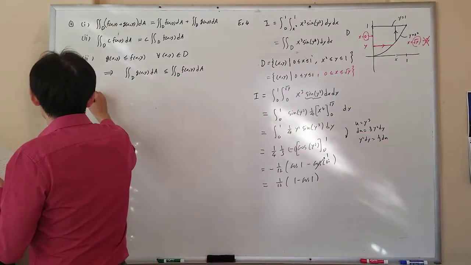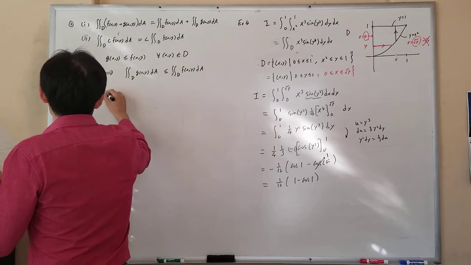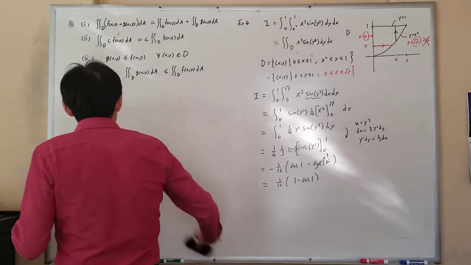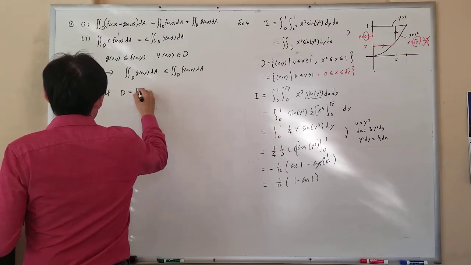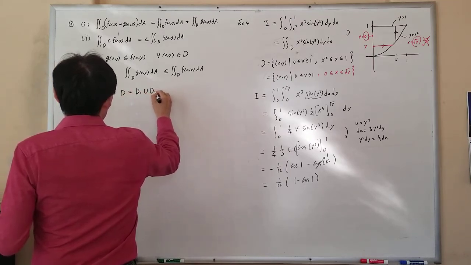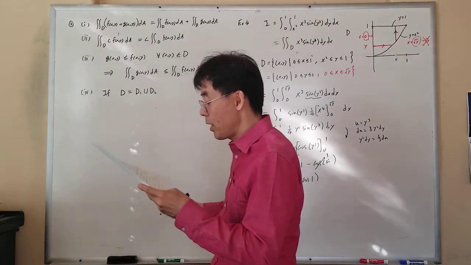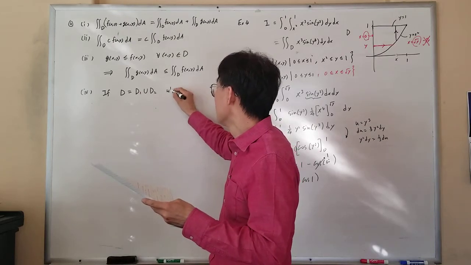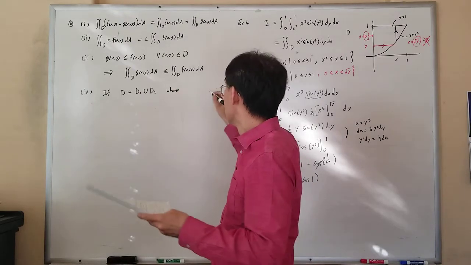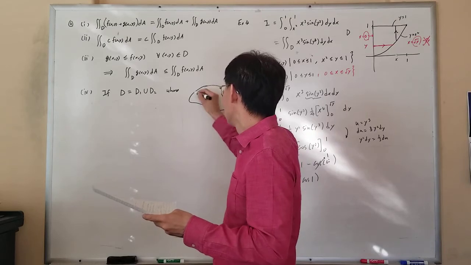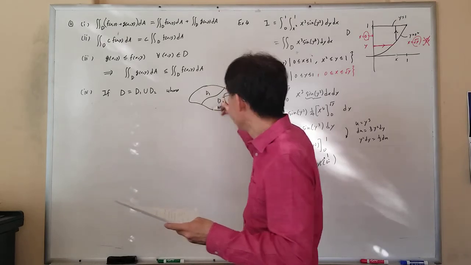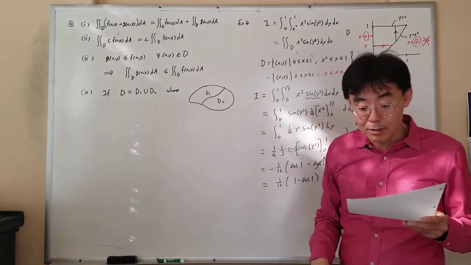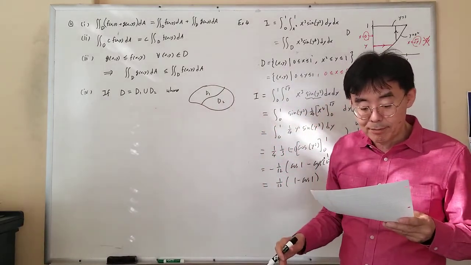Or, if domain D is a union of two domains, so basically the domain D can be split into D1 and D2, and they share only the boundary curve, not a region.